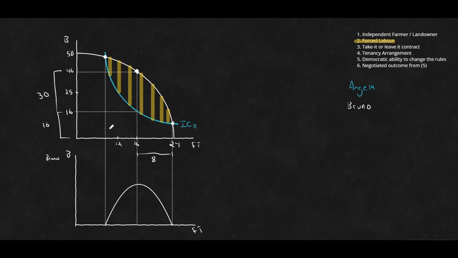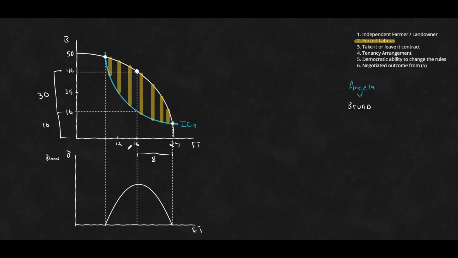Her being a landowner, her deciding this is where I'm going to maximize on my own. In this case, we still end up in the same amount of free time, same amount of total bushels being produced. In this case, the distribution is just different. Now Bruno is being the slave owner, is getting 30 of those, with Angela only getting 16.